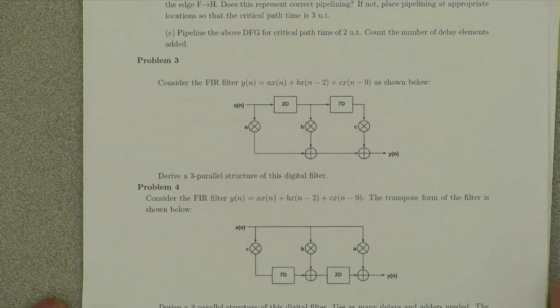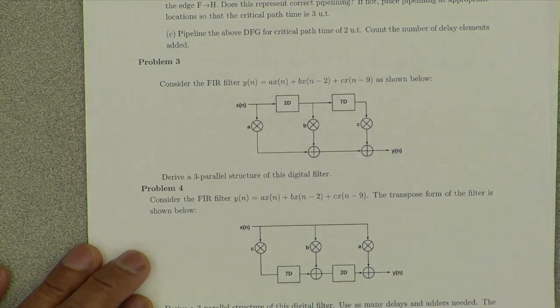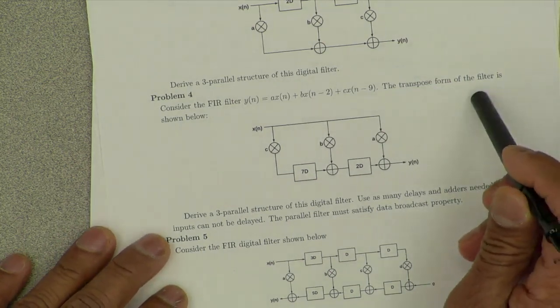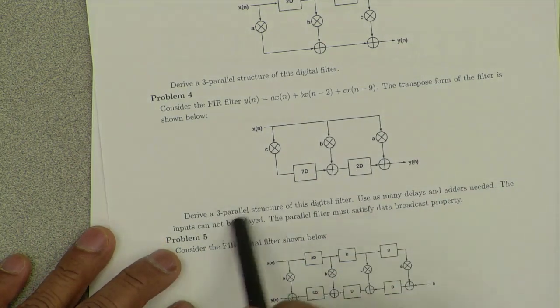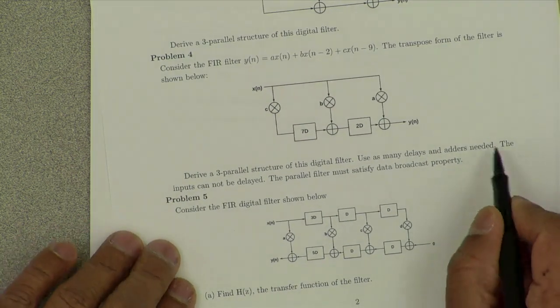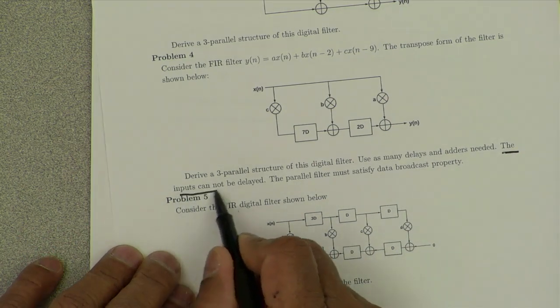Problem 3, I have just changed the delays. You have to draw the 3 parallel filter. Problem 4 shows the transpose form, and then you draw the 3 parallel structures. The main thing I am asking is to draw the 3 parallel transpose form.